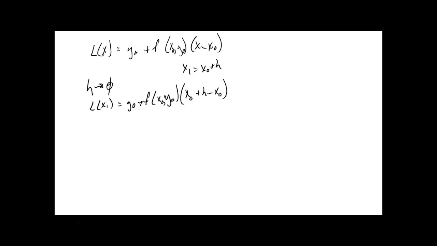That's your derivative, by the way. And then here your x1 is going to replace your x, and it's x0 plus h minus x0. So that's just h. So this is y0 plus h times f of x0, y0, where h is just an incremental value.